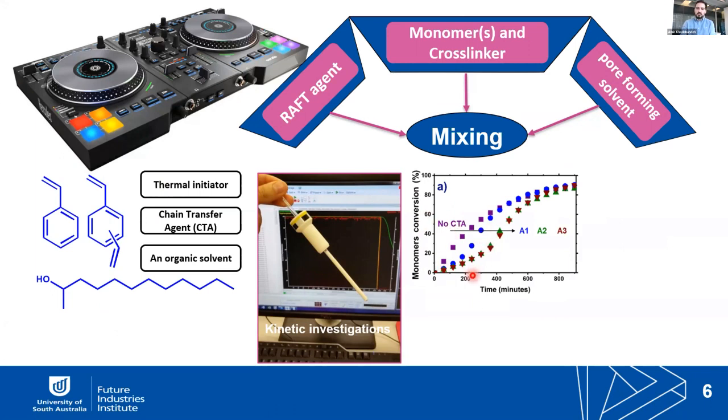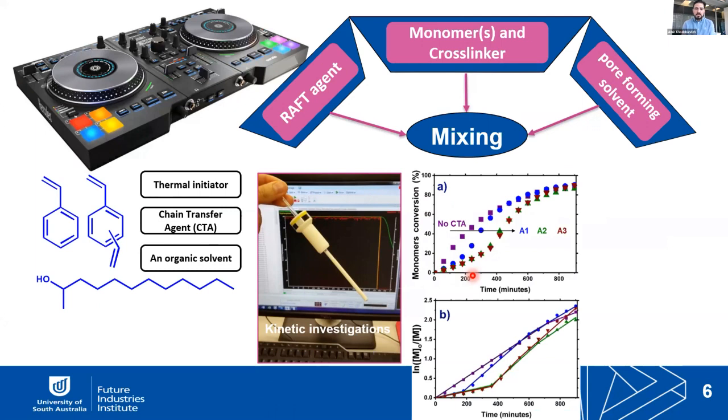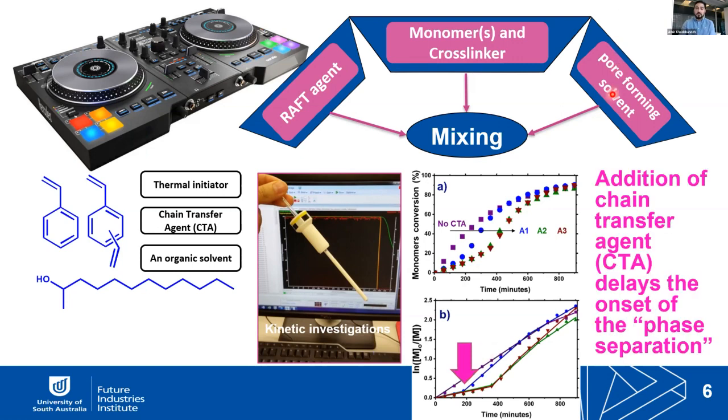If I show this in the logarithm way, you can see that the polymerization is first fast, but then we have a delay in the onset of the phase separation. This result was actually already observed by the CSIRO group, Graeme Moad from the CSIRO group.